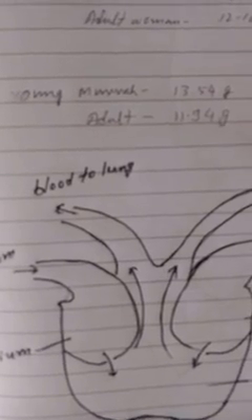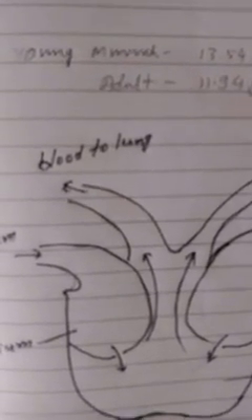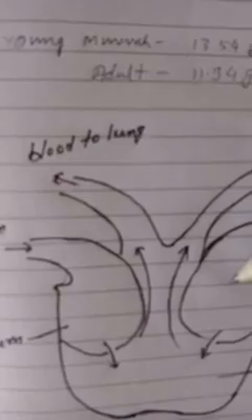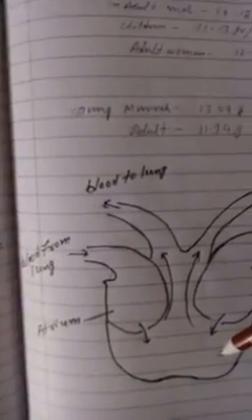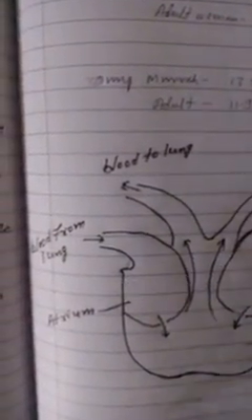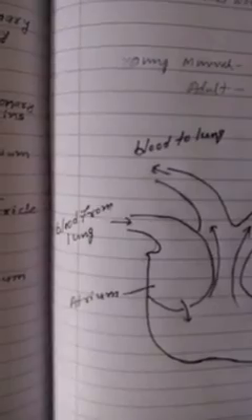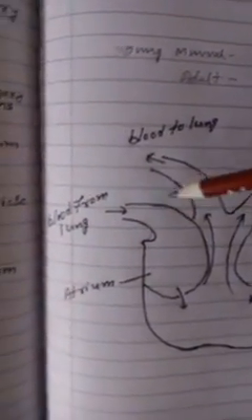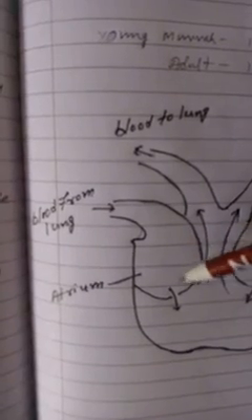If oxygenated blood is coming to the atrium, it will go to the ventricle. And if deoxygenated blood has formed throughout the body after the respiratory process, that is also brought to the other atrium.